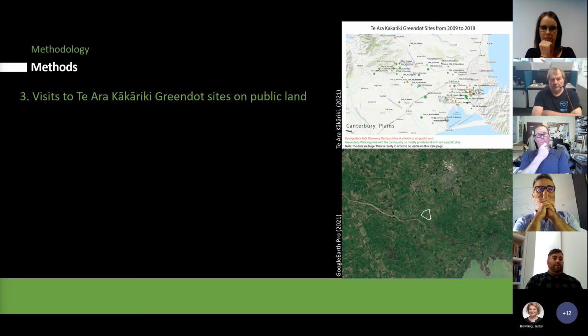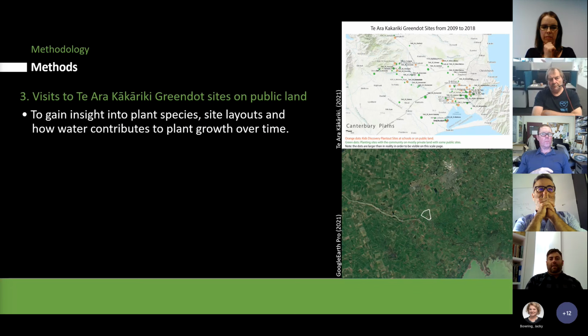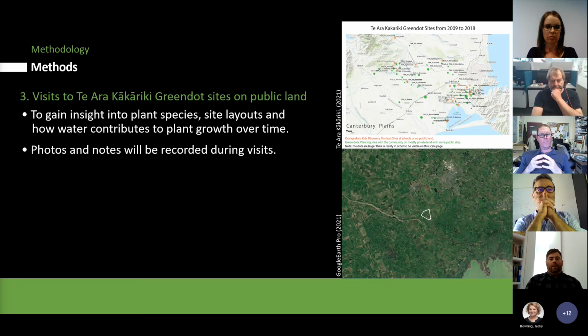Further research will involve visiting Te Ara Kakariki green dot sites on public land. This will help gain insight into species, site layouts, and how water contributes to plant growth over time. During these visits, I will take photos and record notes. Then I'll begin an inventory and analysis of the landscape scale.